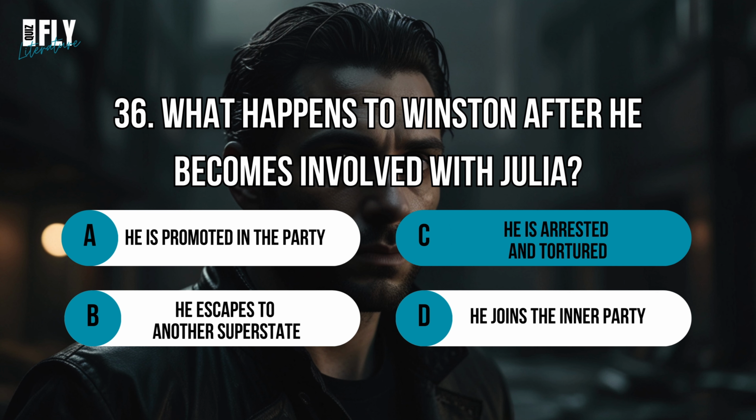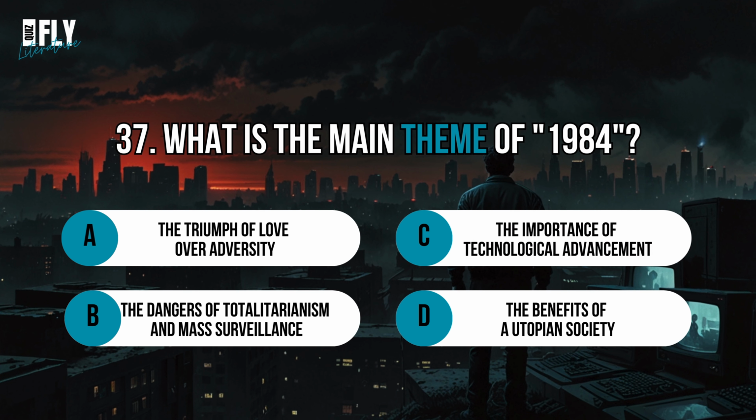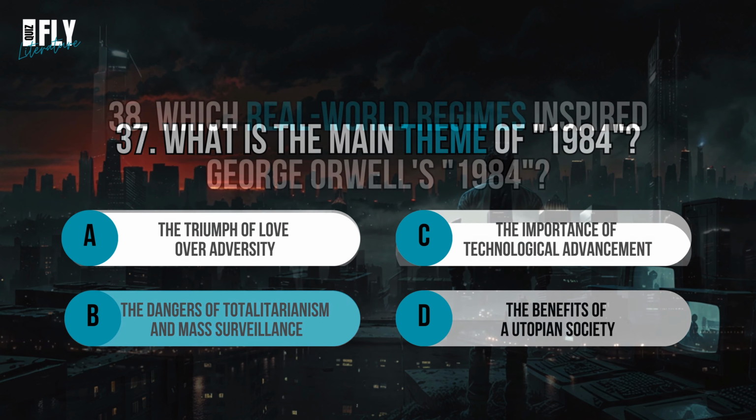He is arrested and tortured. What is the main theme of 1984? The dangers of totalitarianism and mass surveillance.